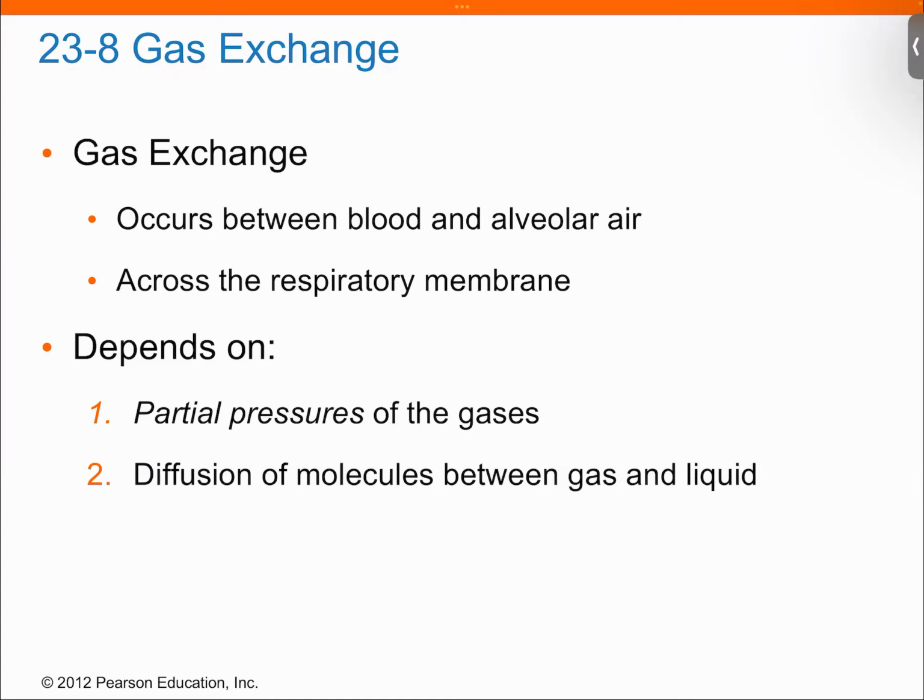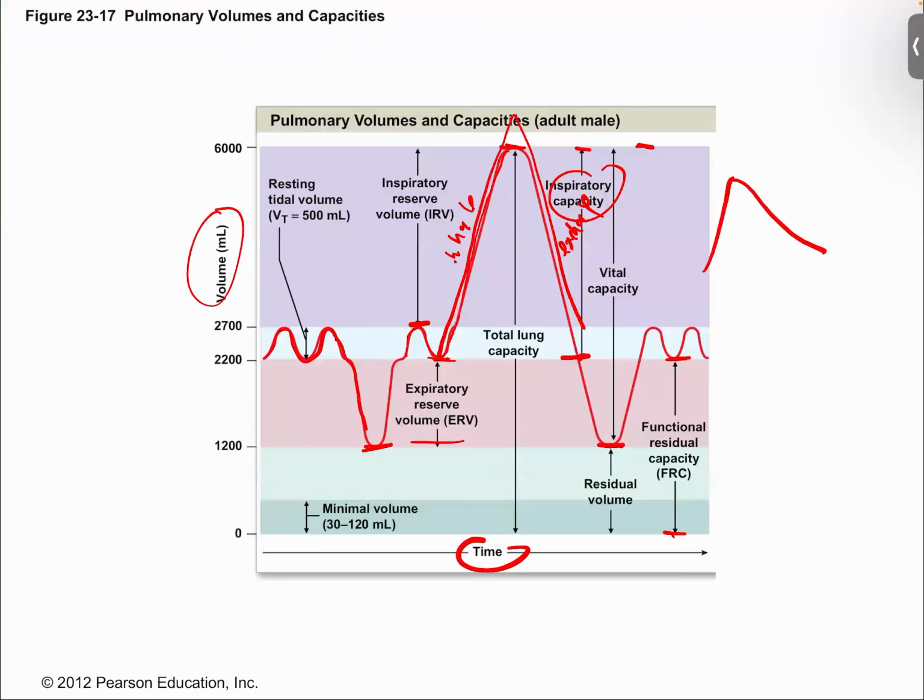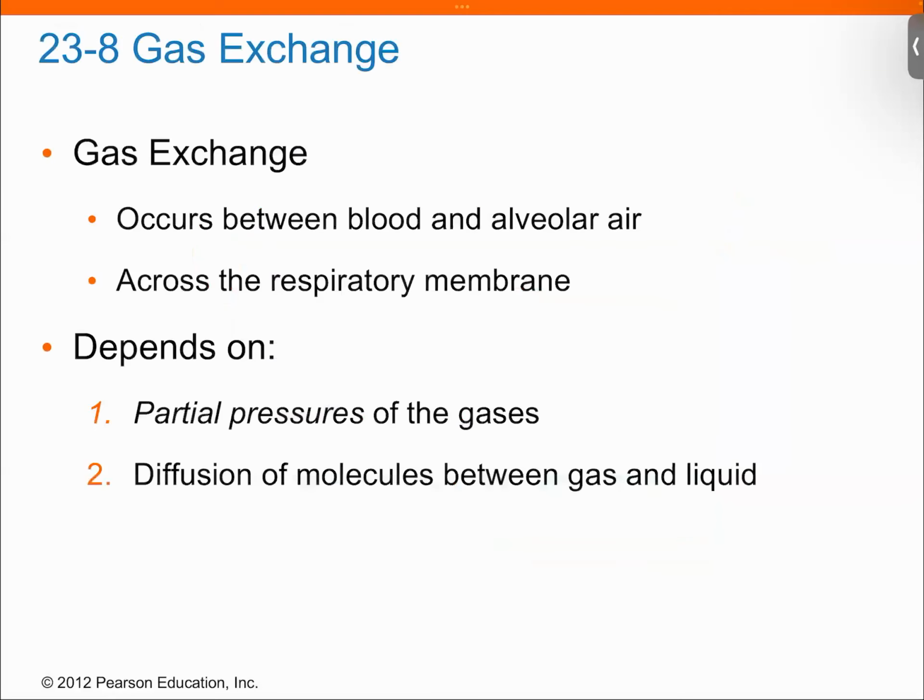And so ultimately, this is obviously all to get your volumes in so that you can essentially get that alveolar air in contact with your respiratory membrane so that you can get gas exchange. Now, gas exchange depends on a couple of things once you're there. Once you have your air in your alveolus, you also have to deal with your partial pressures.